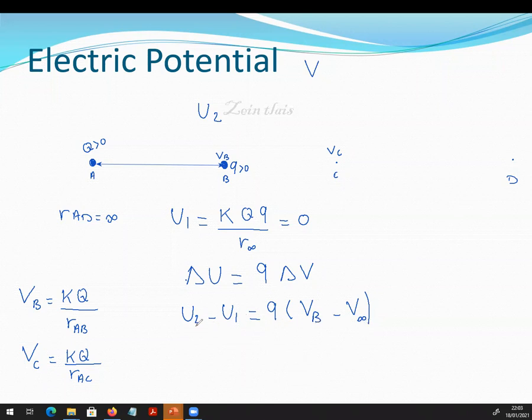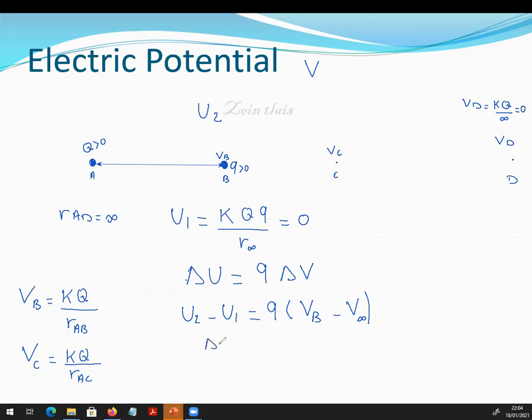And also, you know, U1 equals 0. In this case, maybe in another case you have a value. So, if you have at infinity VD, and VD equals K times Q, this charge, divided by the distance infinity, also V at infinity equals 0.